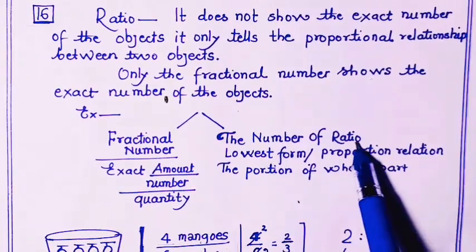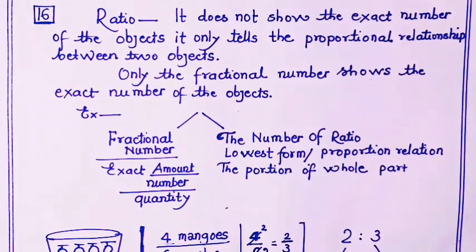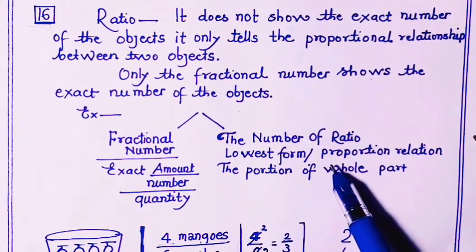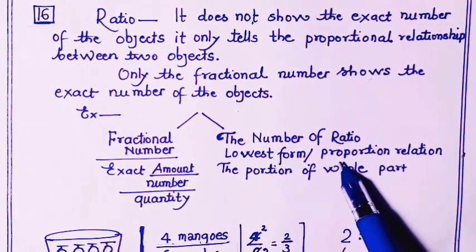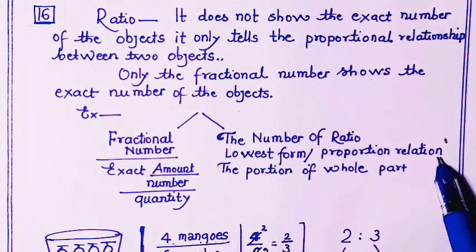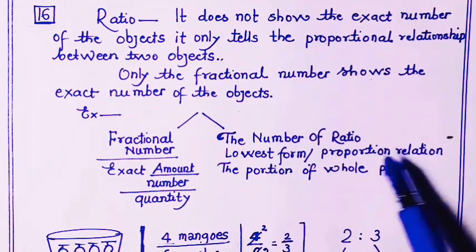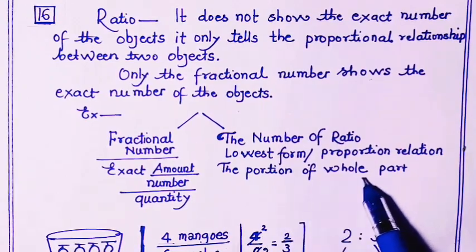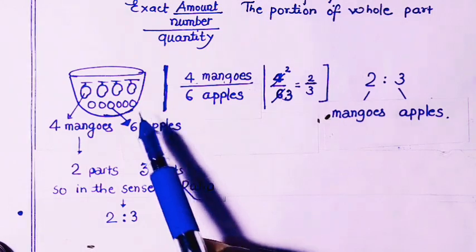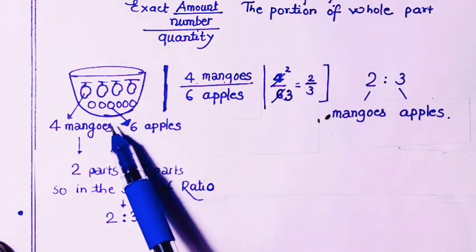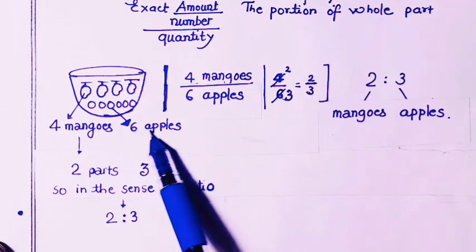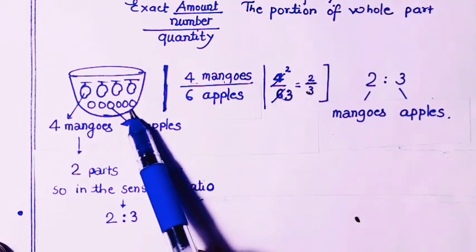But the number of ratio is in lowest form, and it shows the proportion relationship between the objects, the portion of whole part. For example, this is a basket and there are 4 mangoes and 6 apples in this basket.